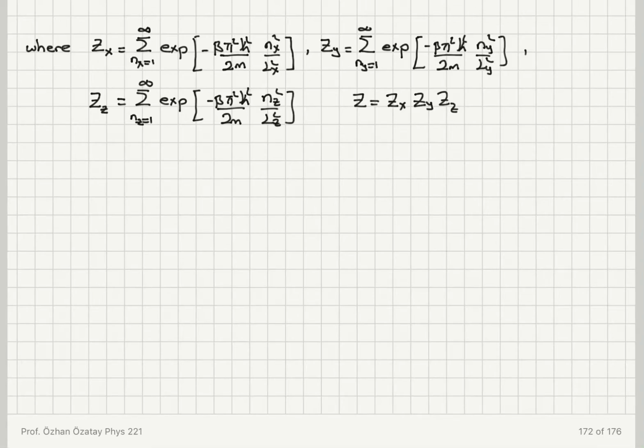Now you can see that if I go from nx equals n to nx equals n plus 1, if I go from one value to the next value, the successive terms in the sum will differ only slightly in magnitude. So I'm going to make an approximation, and I'm going to replace the summation with an integral, basically treating the quantum numbers as continuous variables rather than discrete variables in this approximation.